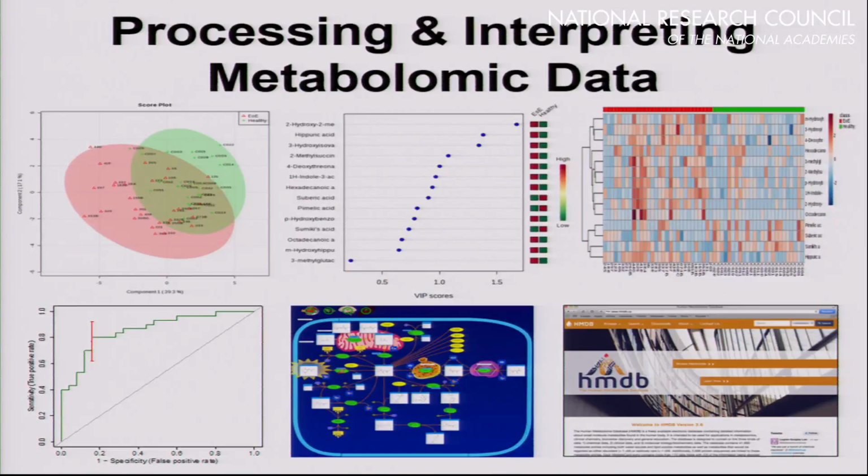We use heat maps, just like people in the microarray world. We calculate ROC curves to measure sensitivity and specificity for the biomarkers that we measure. We do a lot of pathway analysis. And I think, as Steve brought up, many of the metabolites that we look at in terms of pathways aren't simply to assemble or disassemble food components.